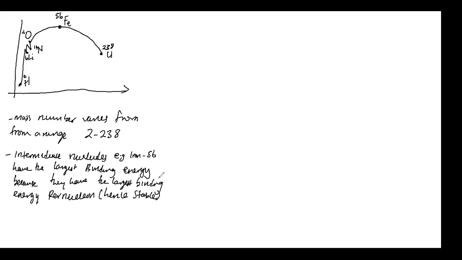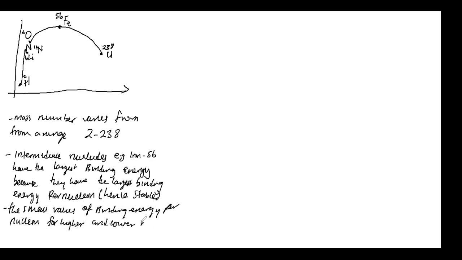The other thing to mention also on this graph is that the small values of binding energy per nucleon for higher and lower mass numbers imply that these nuclides are relatively unstable.